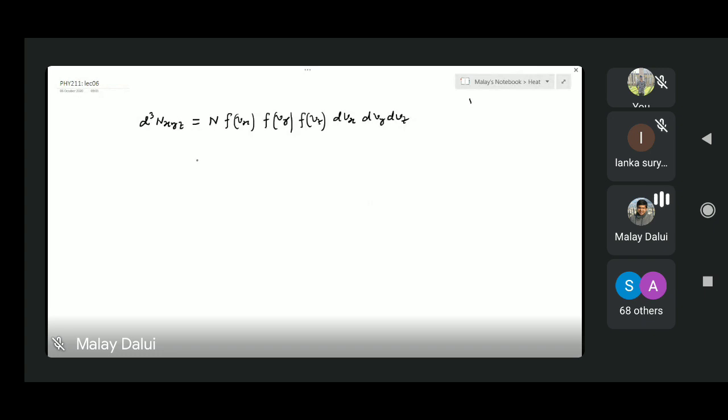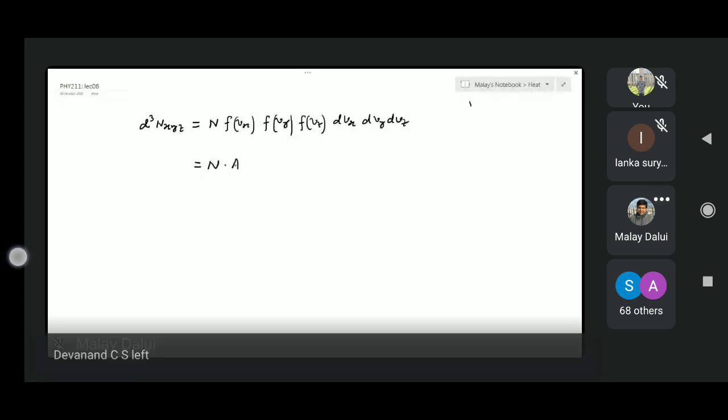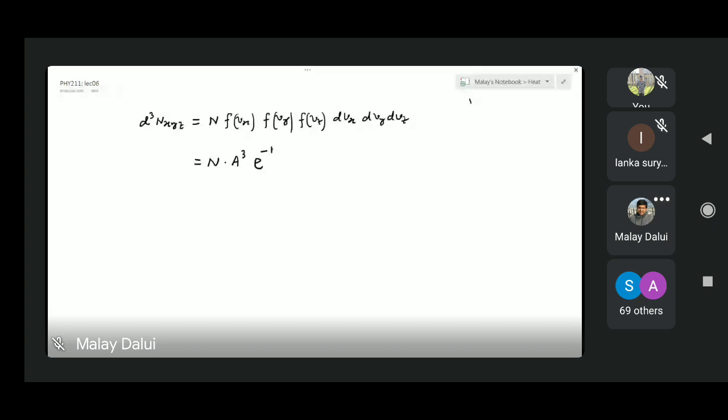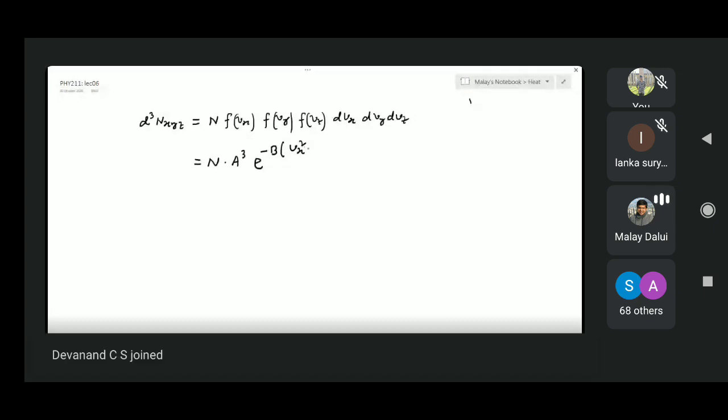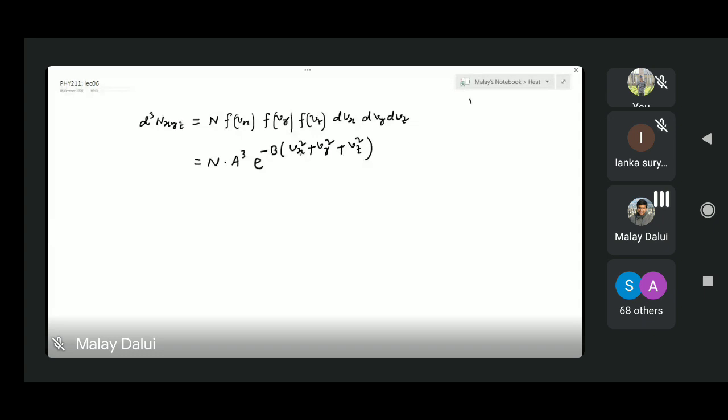Then n times f of vx is just a Gaussian, so there will be three a's coming, a cube, the constant, then e to the power minus b. Since it's exponential, I can add all those: vx square plus vy square plus vz square, each coming from e to the power minus b v square for f of vx, and similarly for f of vy and f of vz.